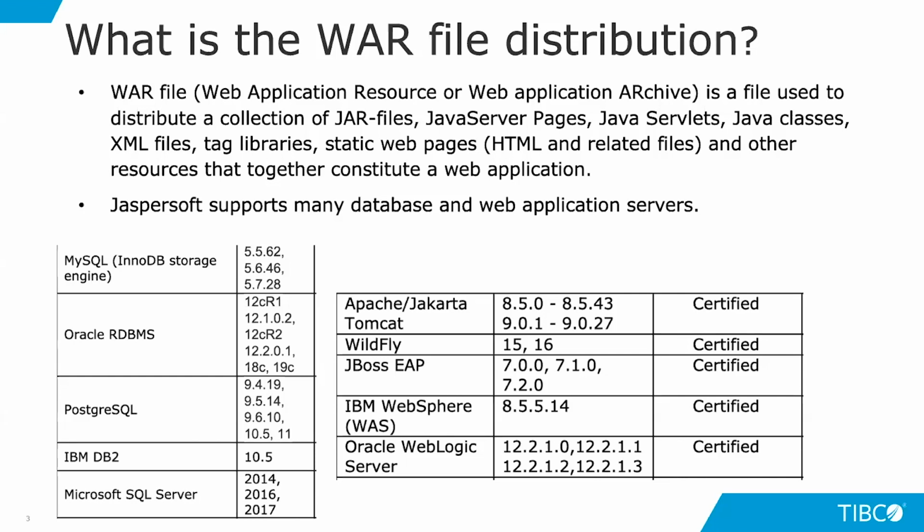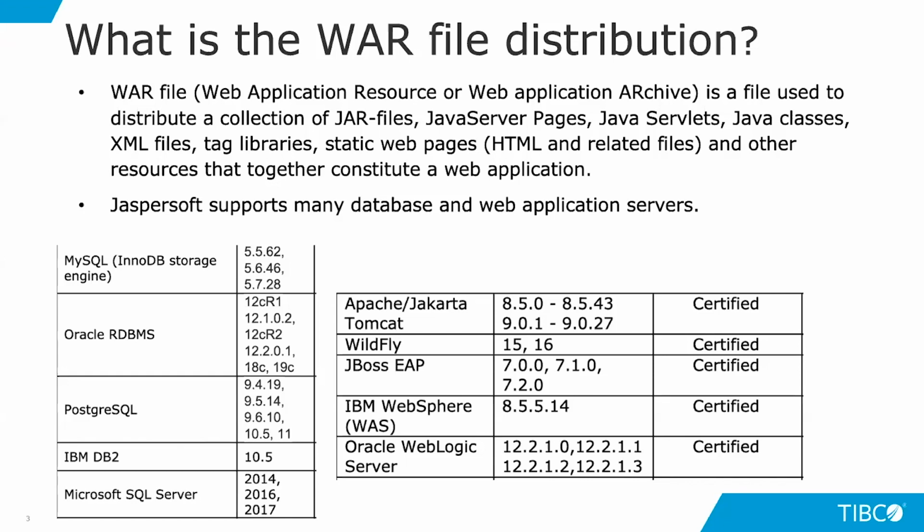As you can see from the images below, Jaspersoft supports several different database types and web application server types. Some of the most common ones are Oracle, Postgres, obviously, which is the default if you use another installer from us, and Microsoft SQL Server.